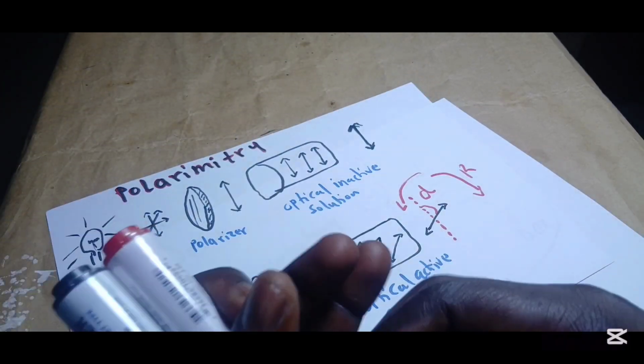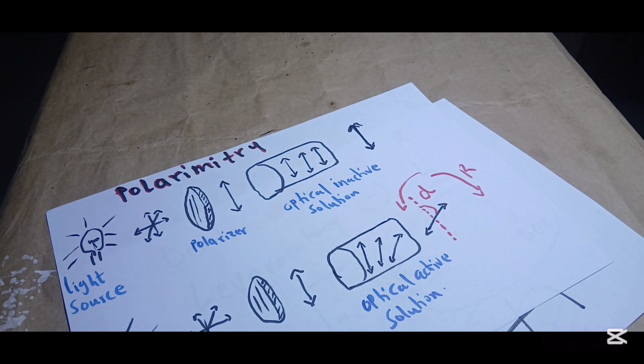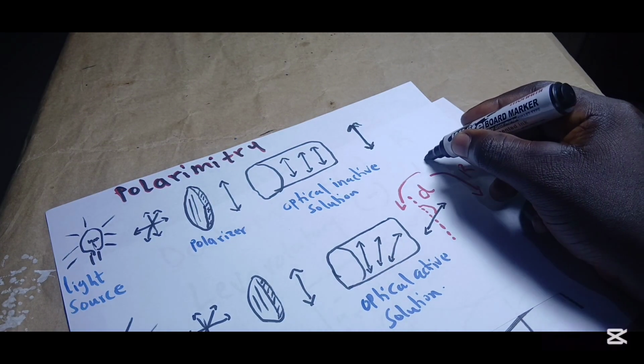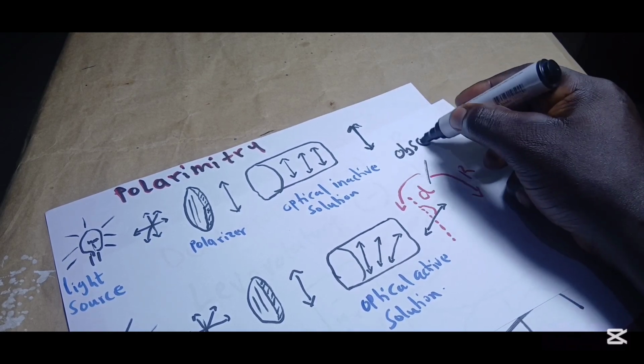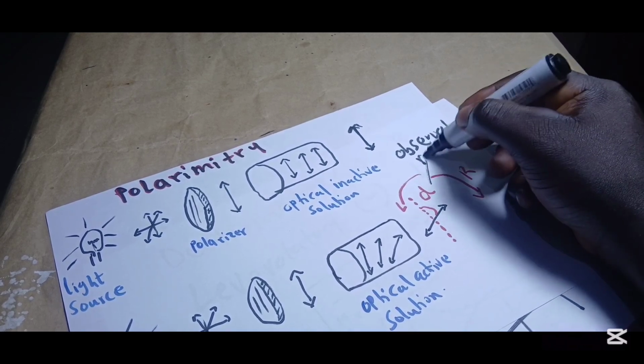This angle here, we call it the observed rotation. The angle alpha here is the observed rotation.